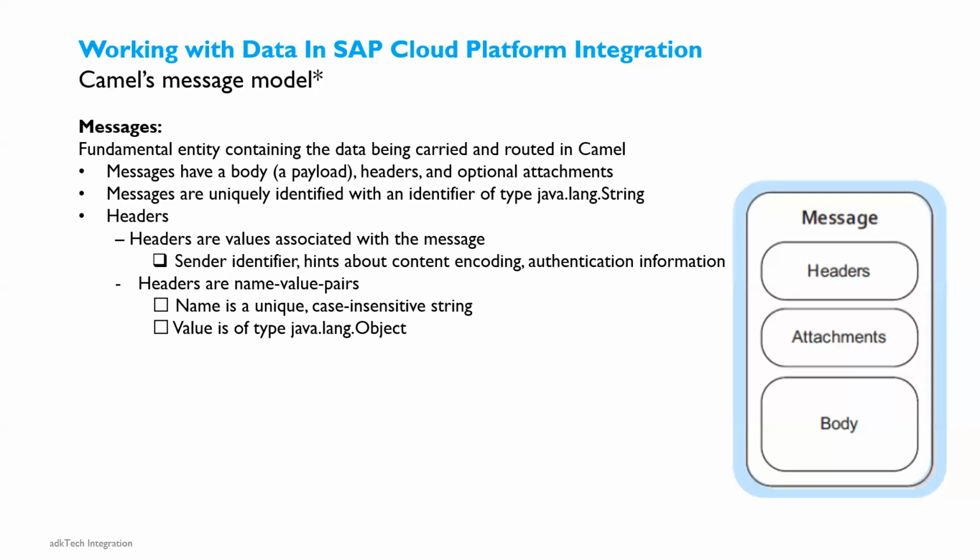we use an object. So java.lang.Object we are using to place the value inside the message through the header. So you understand, if it is an object, we can pass any type of message into it.